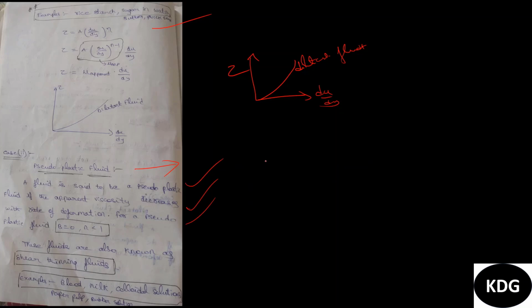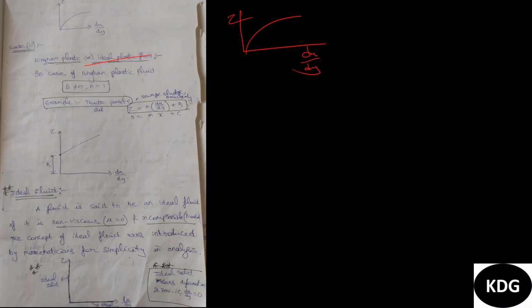For a pseudoplastic fluid, B is equal to 0 and n is less than 1. These are called shear thinning fluids. Examples are blood, milk, colloidal solutions, paper pulp, rubber solution, etc. Its plot will be like this, du by dy.